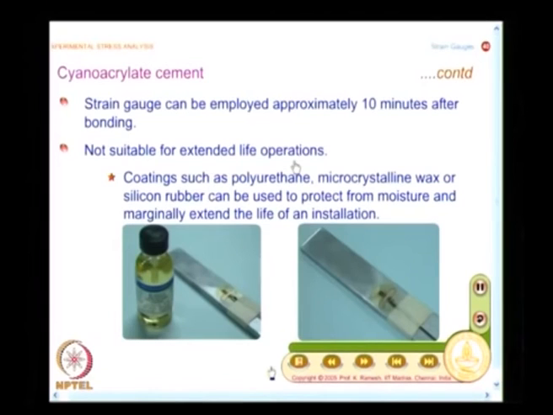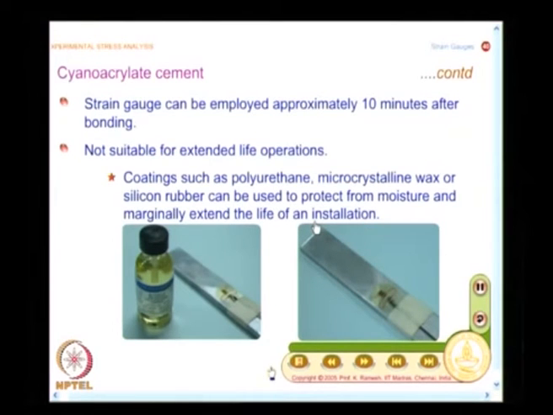And after putting the cement, it is also recommended to put coatings such as polyurethane or microcrystalline wax or silicon rubber to protect from moisture and marginally extend the life of an installation.